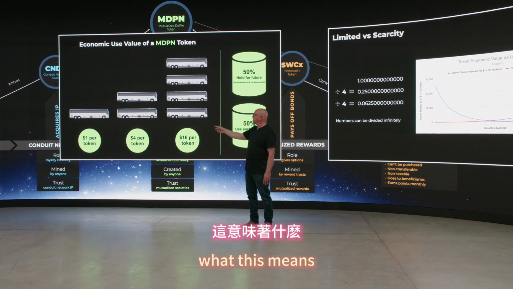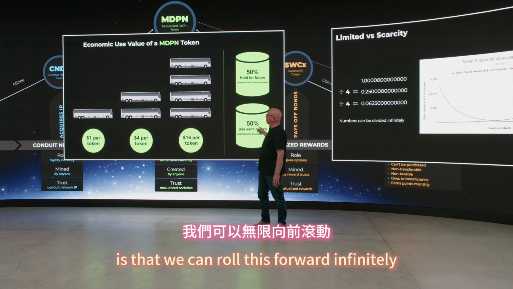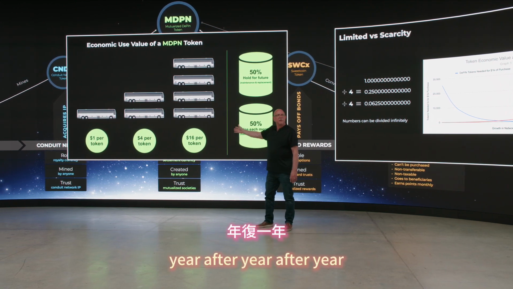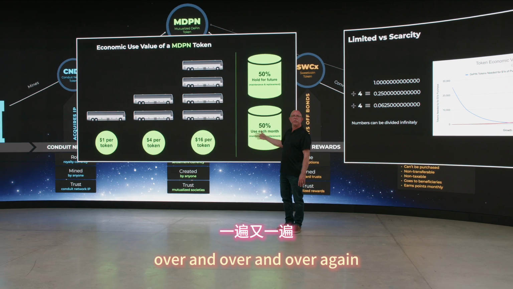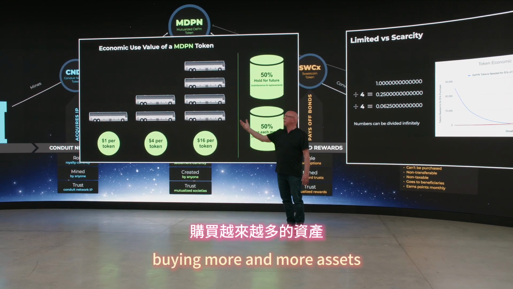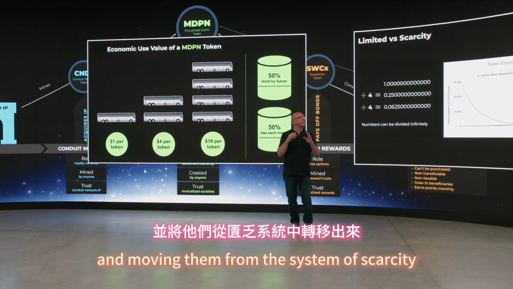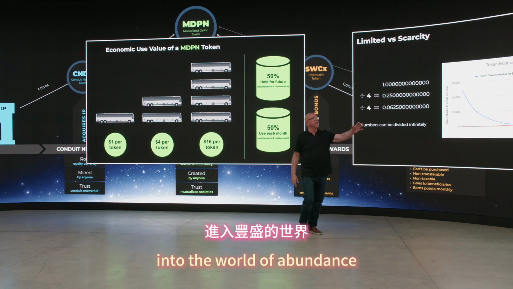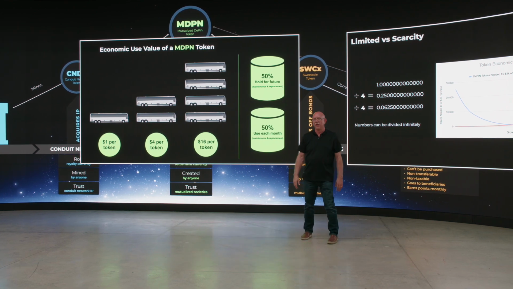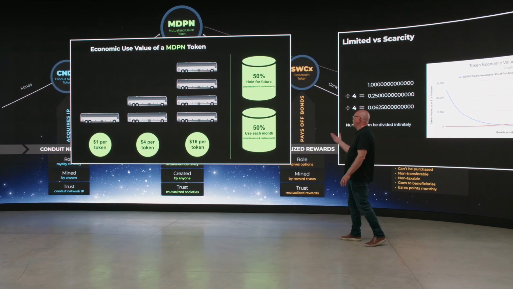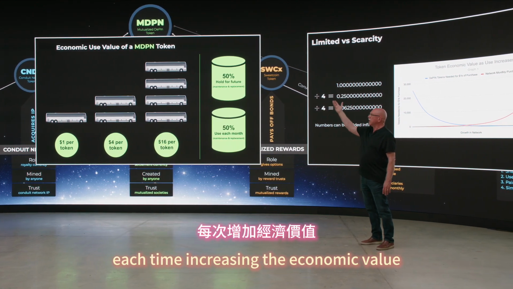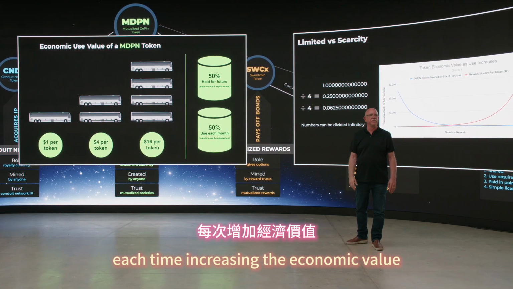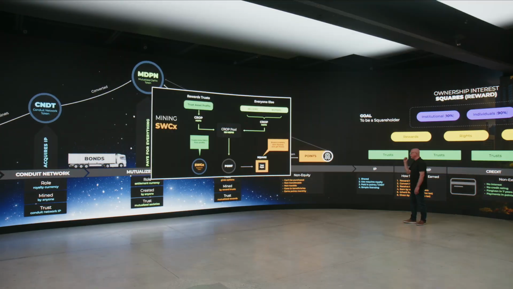What this means is that we can roll this forward infinitely, year after year, doubling the number of assets over and over again, buying more and more assets and moving them from the system of scarcity into the world of abundance. And as we do, we create more and more value, each time increasing the economic value of those assets.